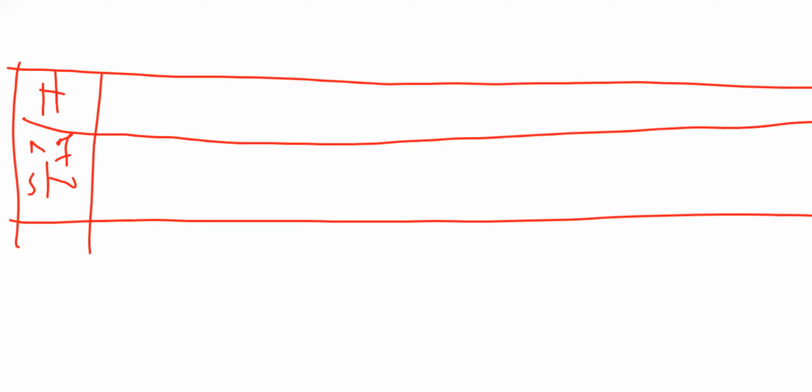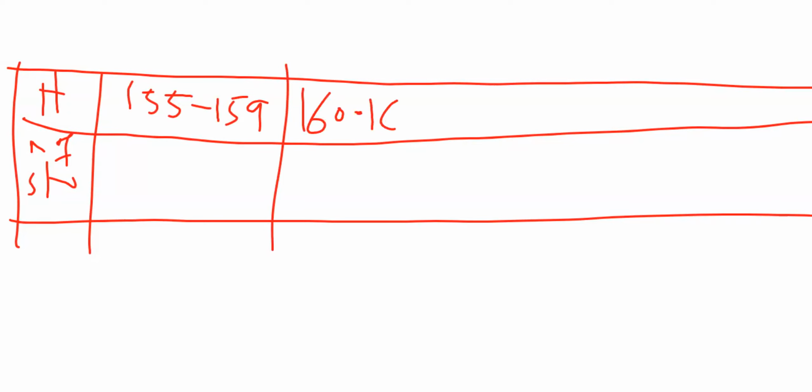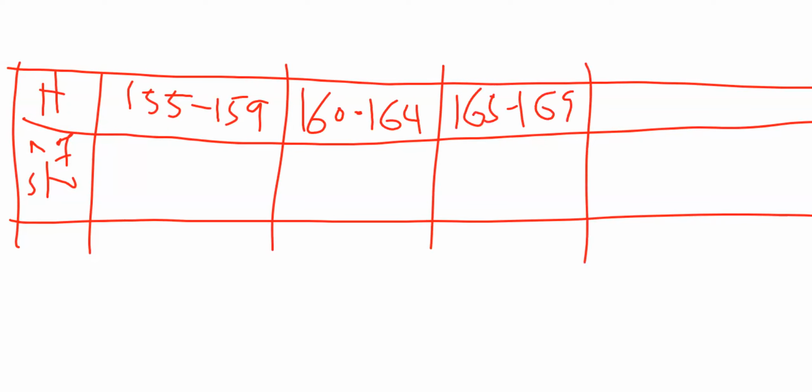So the first group is 155 to 159. The next group is 160 to 164. The next group is 165 to 169. The next one is 170 to 174.